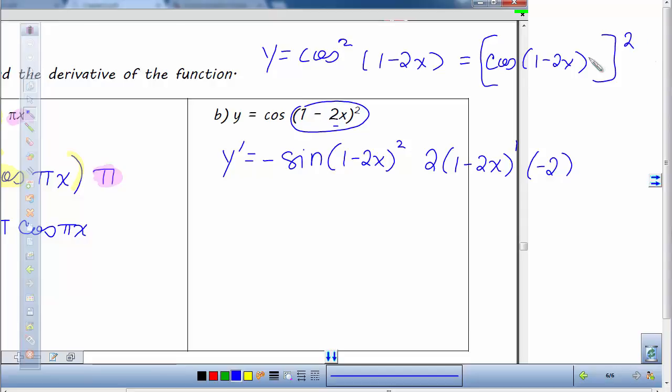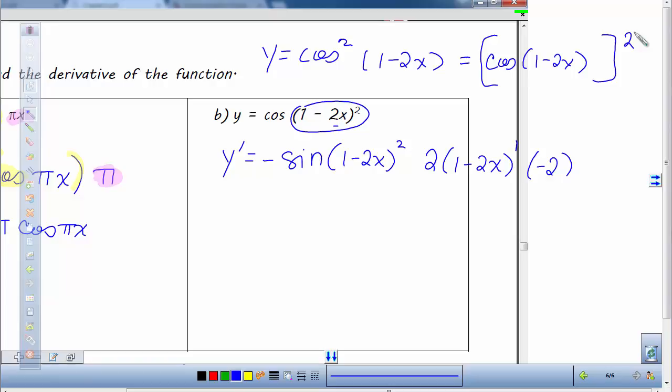It's not on this thing. This thing is inside of cosine. And so down here, it's the same thing. The 2 is not on the outside. It's on the inside. If it had been on the cosine, then yes, the first thing I would do would be to bring that 2 out front.